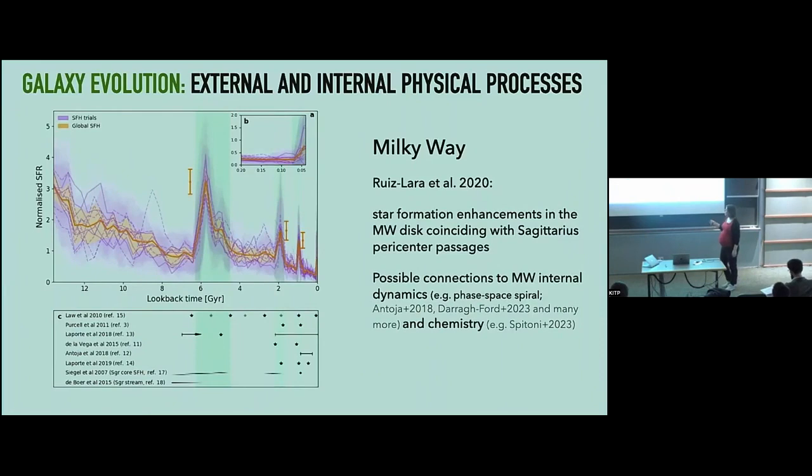They tried to infer the star formation history of the Milky Way disk, and they see these peaks in star formation. What they find intriguing in this paper is that it looks like that might be at the same time or at similar moments as barycenter passages of the Sagittarius dwarf galaxy.